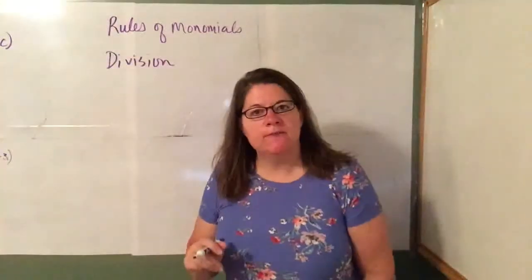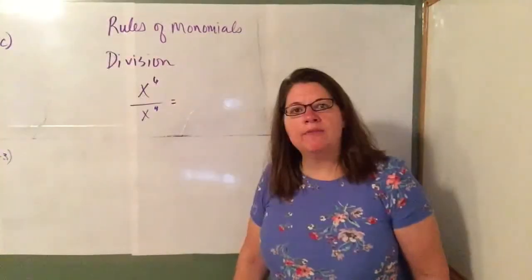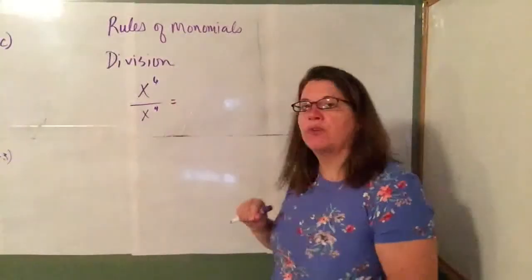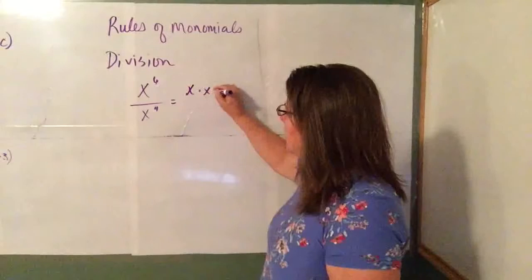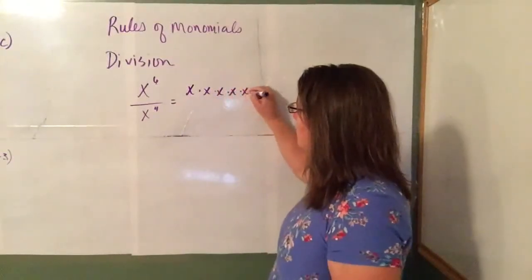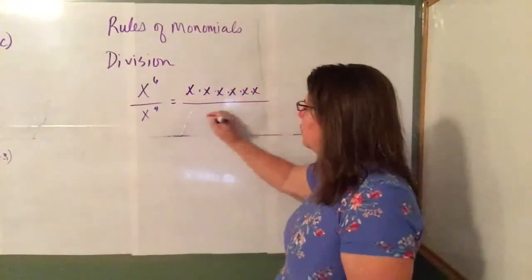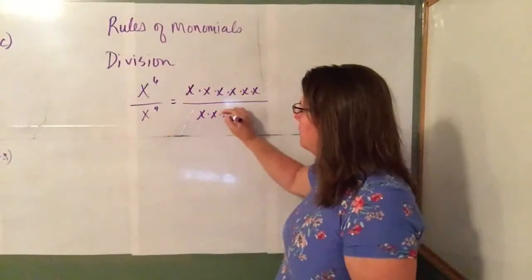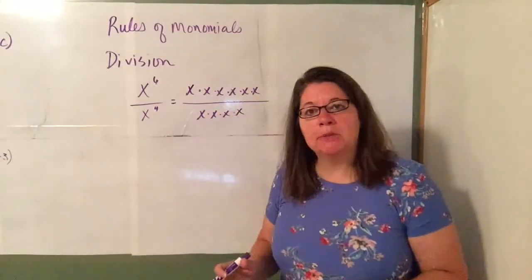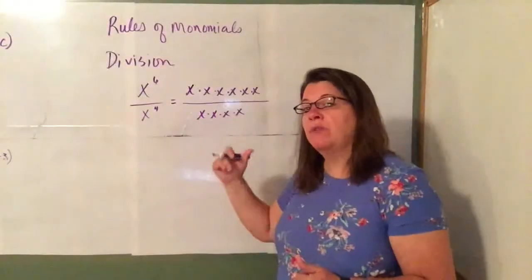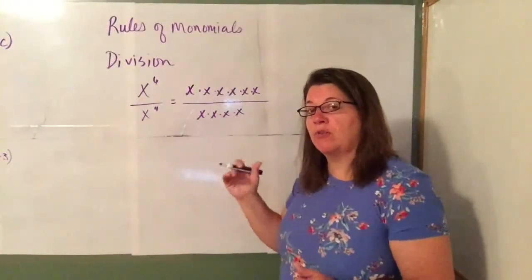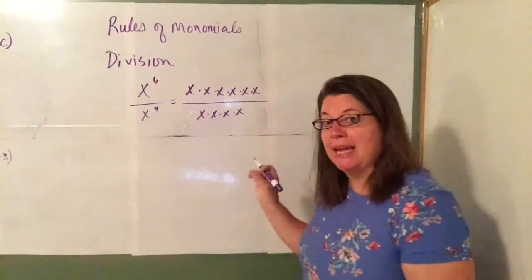Next, I want to talk about division of monomials. If you have something like x to the sixth over x to the fourth, that's the same thing as writing x down 6 times and writing x 4 times. And then we learned when we were dealing with fractions that as long as you have the same thing on the top and the bottom, those things can be canceled out, as long as they're factors, multiplied together.